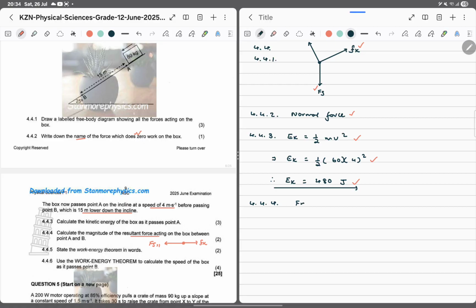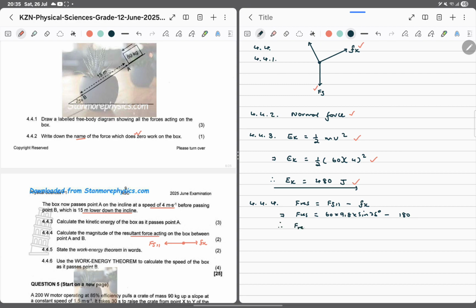We know that the resultant force is certainly going to be Fg parallel minus Fk. This implies that the resultant force is 60 times 9,8 times the sine of 25 degrees minus 180.